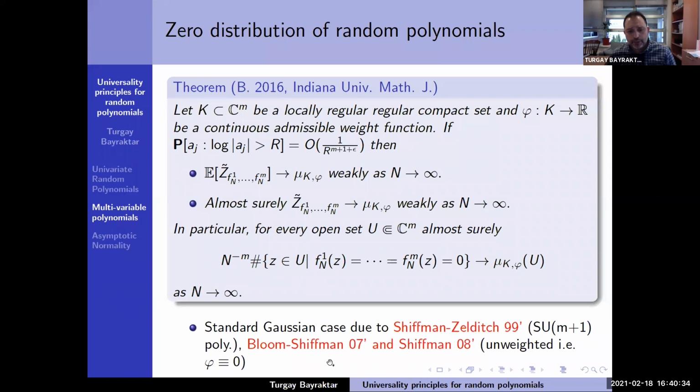And later on for polynomials, Bloom, Shiffman, and Shiffman gave the unweighted case when phi is equal to 0. This particular case was in 2016. Later on, we get some generalizations of this result for some other distributions, for some other settings, including random holomorphic sections.